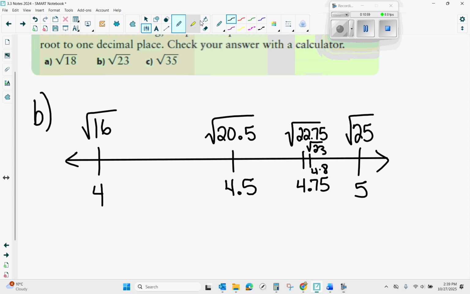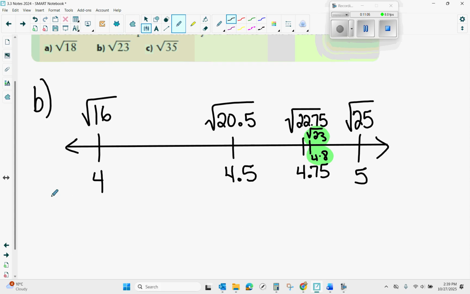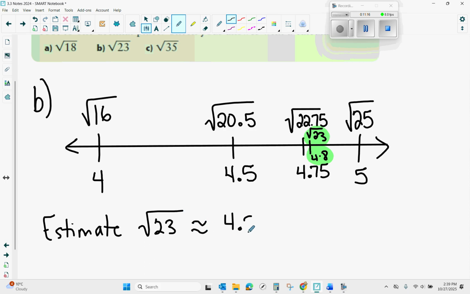You might have had a chance to set it up. There's what my work would look like for this one. So my estimate on the square root of 23 would be about 4.8. If you had 4.7, you're a little bit too low because 4.75 squared is 22.75.